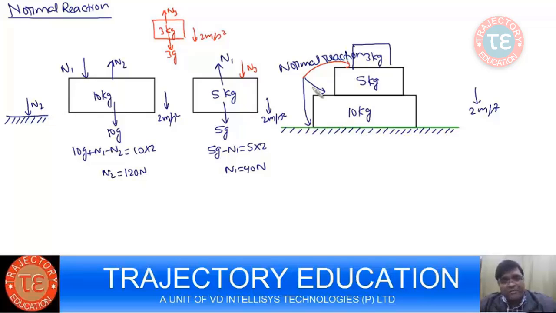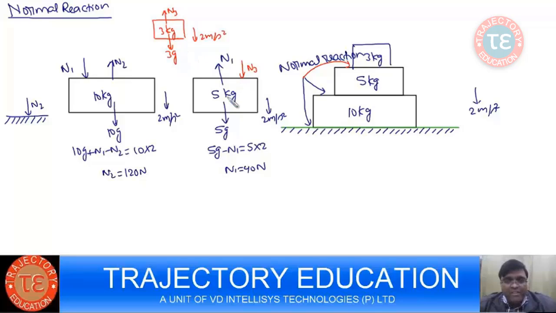You will find increase in N2, right? But then 3 kg is not directly interacting with 10 kg in fact. But it do have an impact, right? But since it is not interacting, I have not shown any force between 10 kg and 3 kg. 3 kg interacts with 5 kg, and that interaction will affect the interaction between 10 kg and the surface. You will see the difference in answer.